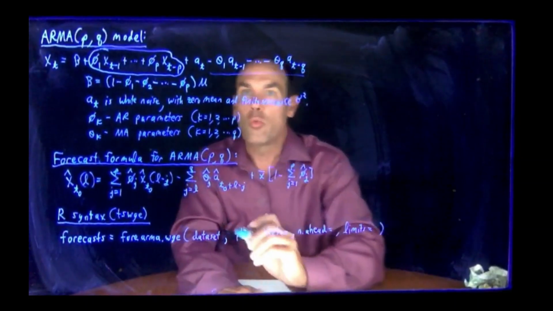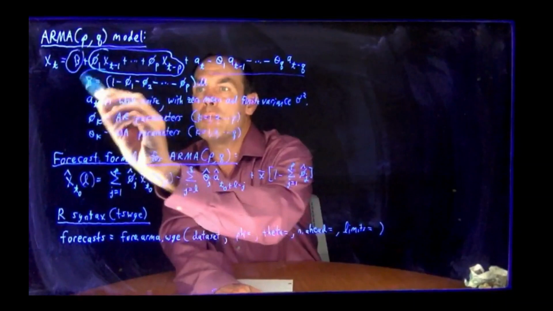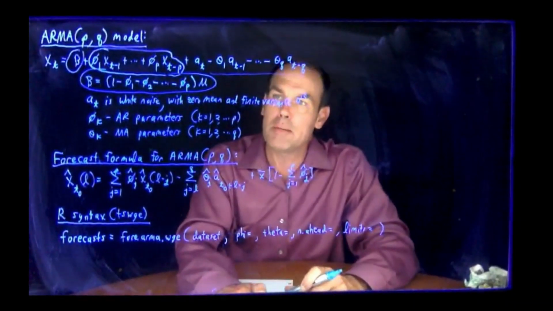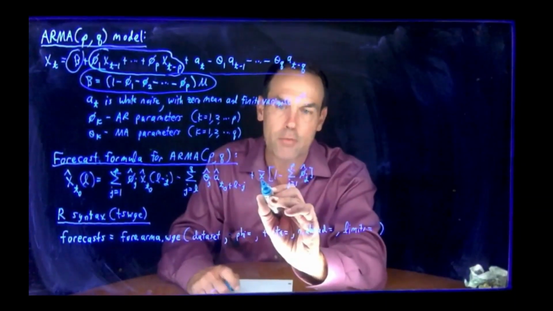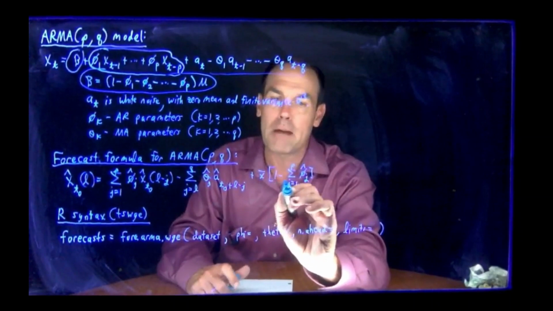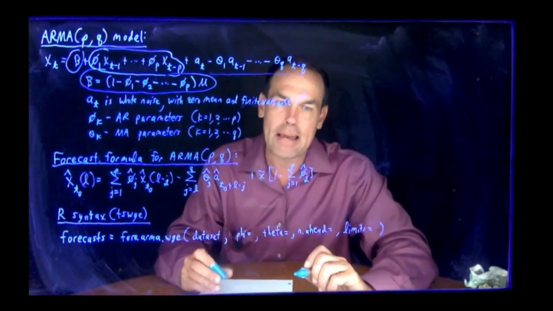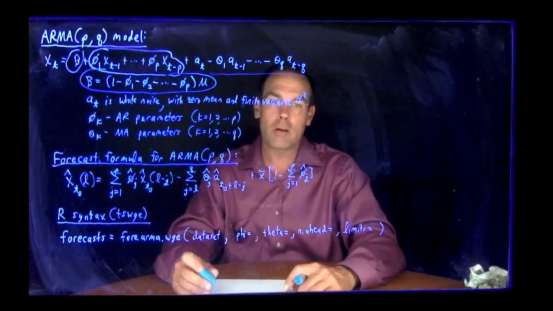And then we've got this beta term, and beta was made up of 1 minus phi 1 minus phi 2 out to phi p, times mu. Well, we know the mu is going to get replaced by x bar as its forecast, and then we have 1 minus the summation from j equals 1 to p of the phi hat j's. And that is the forecast formula for the ARMA(p,q) model.